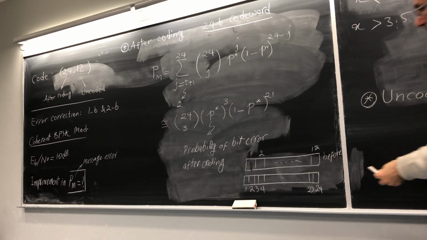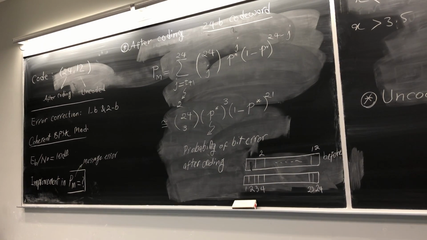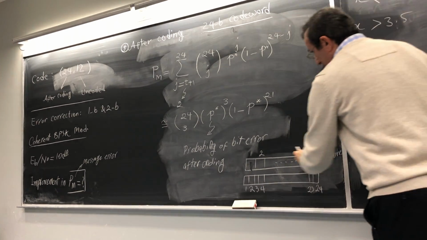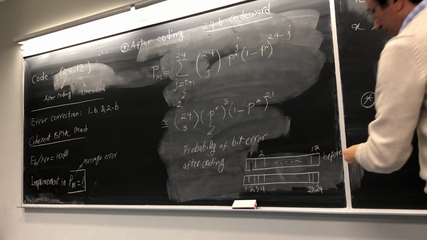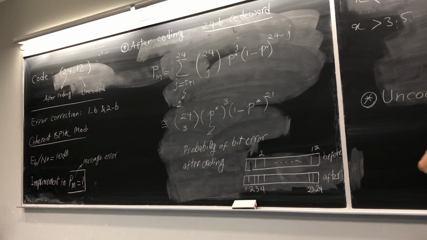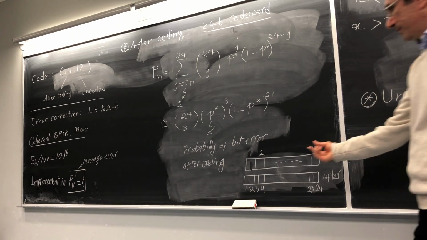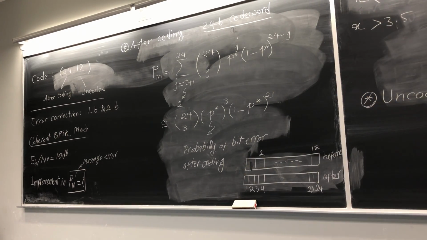And the duration of the code word after coding needs to be equal to the duration of the original word, right? So the bit time is half the bit time before coding. After coding, each bit takes half the duration of the bit before coding, right?